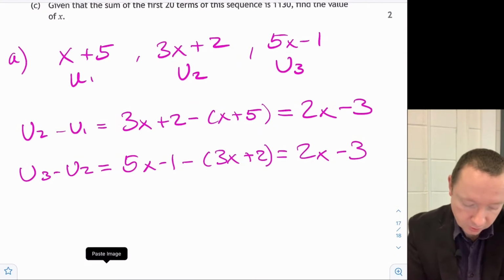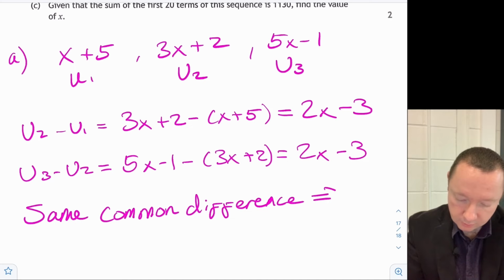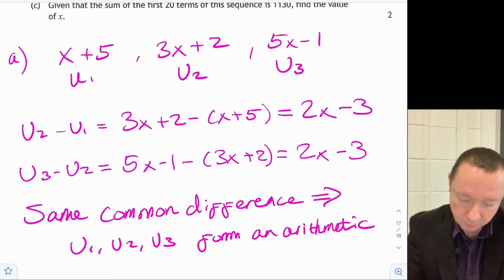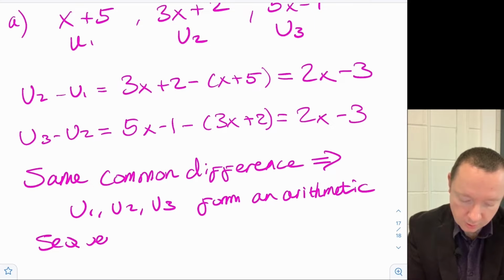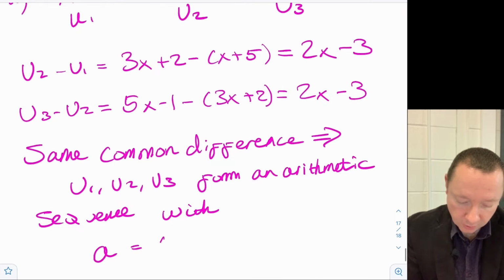So since it's got the same common difference, that implies u1, u2, u3 form an arithmetic sequence with A being equal to x plus 5 and D, the common difference, being 2x minus 3.